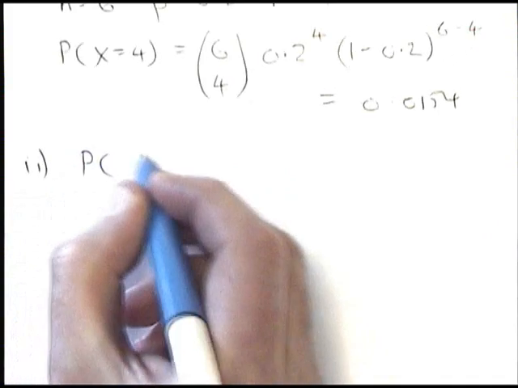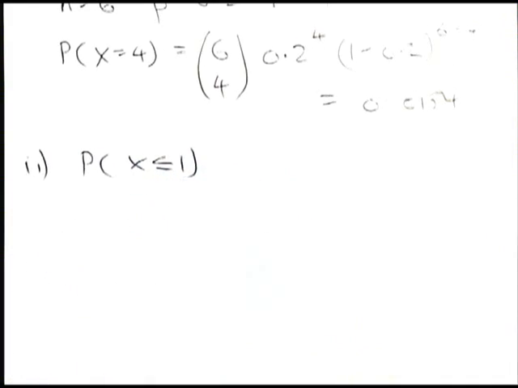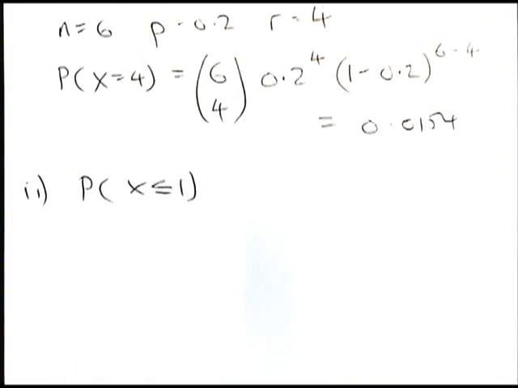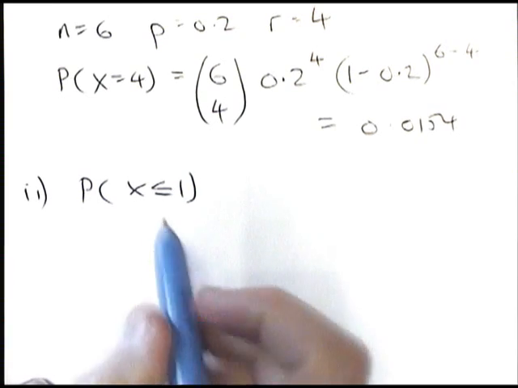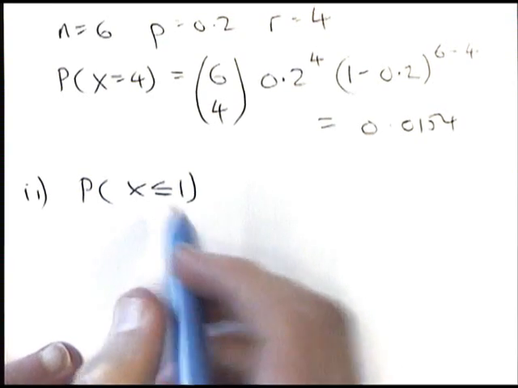Part 2 of the question is asking for the probability X is less than or equal to 1. So this is saying, what is the probability that the number of successes in these 6 goes, because n is still 6, that hasn't changed, will be less than or equal to 1?